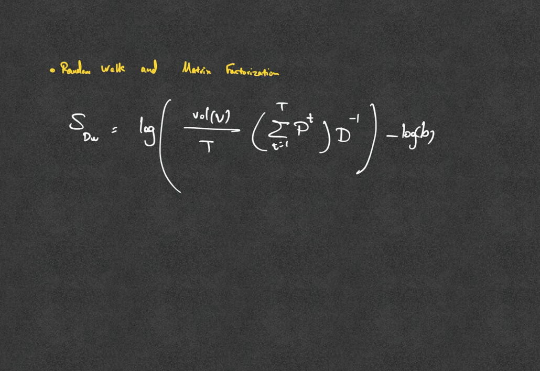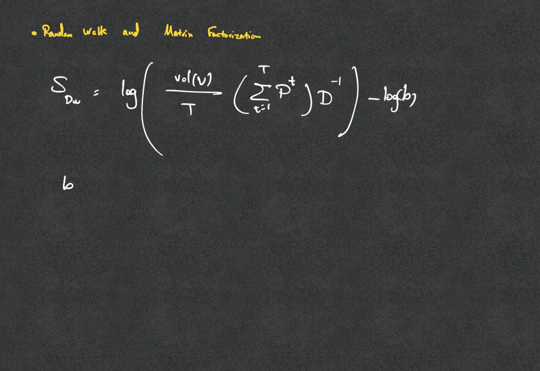Now let's see what exactly these are. So B here is a constant, and P is D^-1 A.